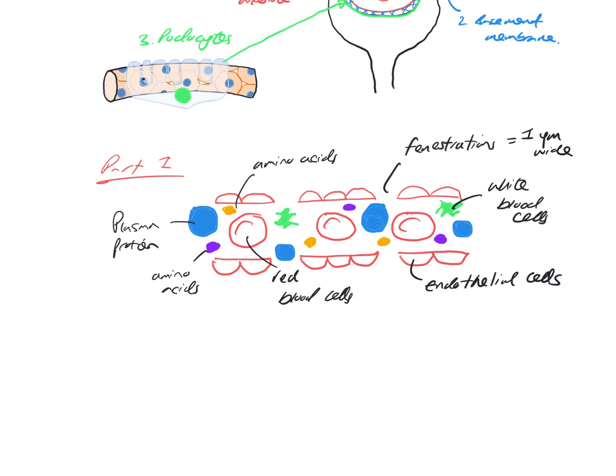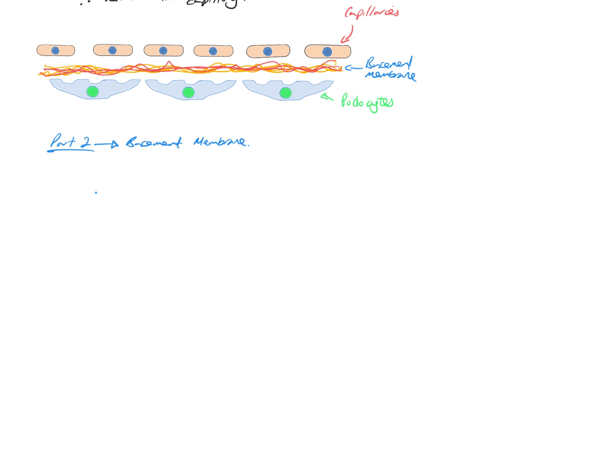This includes water, urea, some hormones, glucose and amino acids. Fundamentally, anything that is small enough to fit through that 1 micrometer gap at this point can leave the blood. Now, as red blood cells and most of your plasma proteins are larger than 1 micrometer, these are going to stay in the capillary.